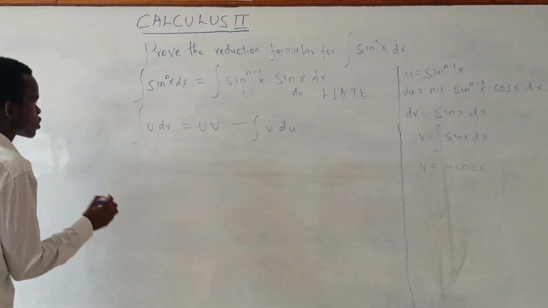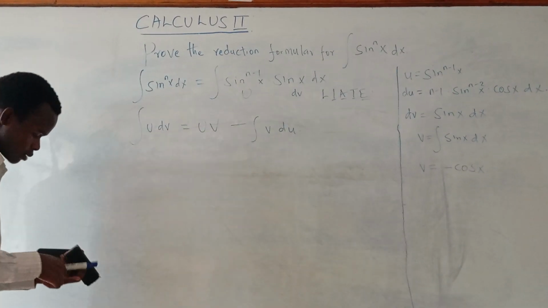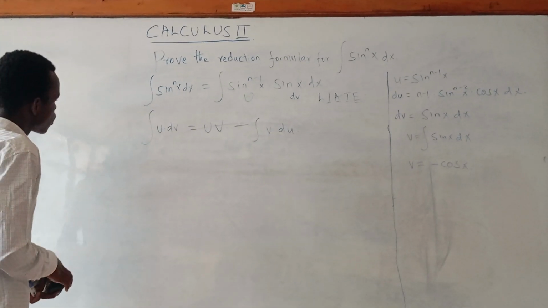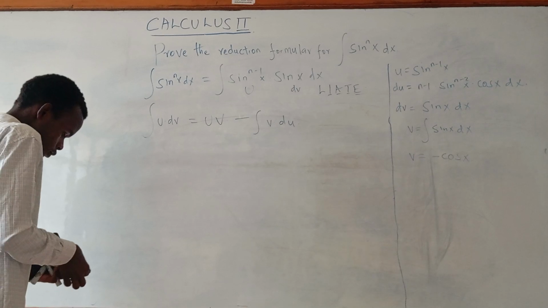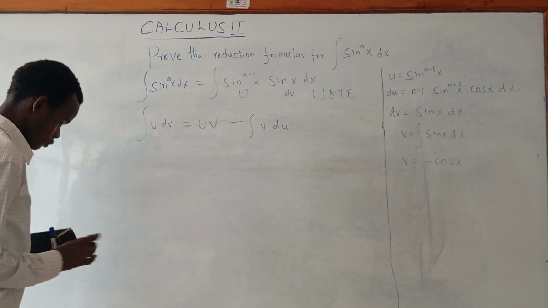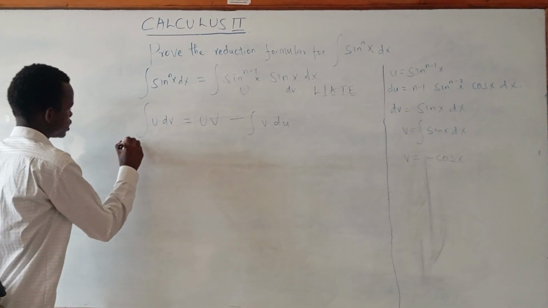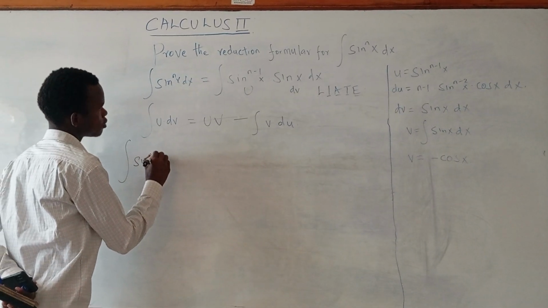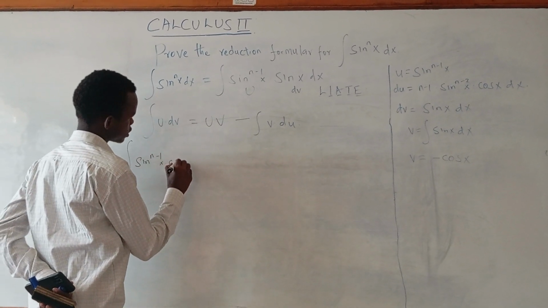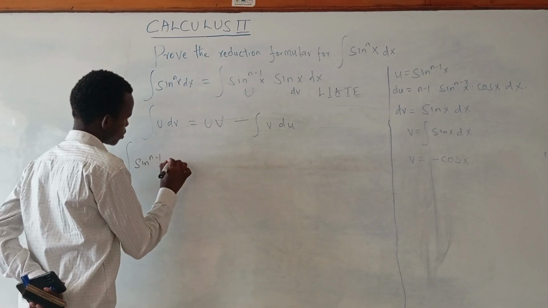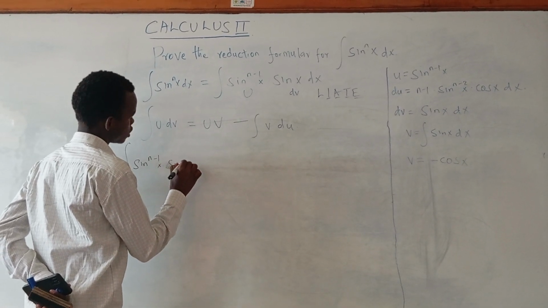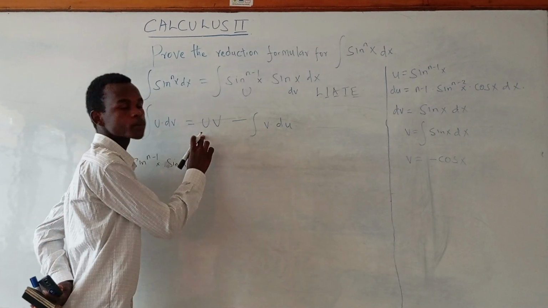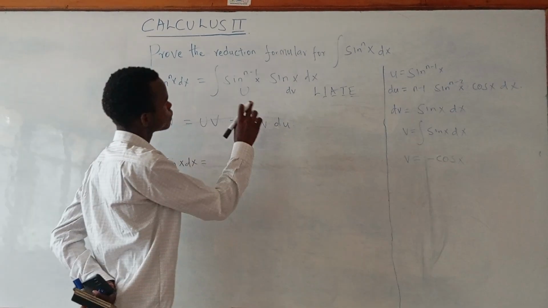Substituting inside the formula, we'll get our integral of sine to the n minus 1 of x multiplied by sine of x dx equals our u. What's our u?